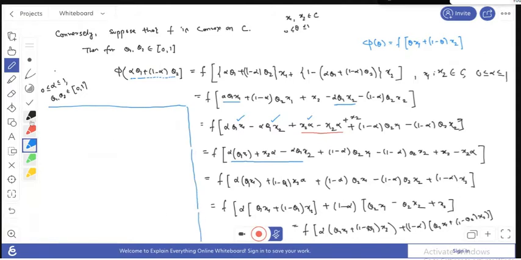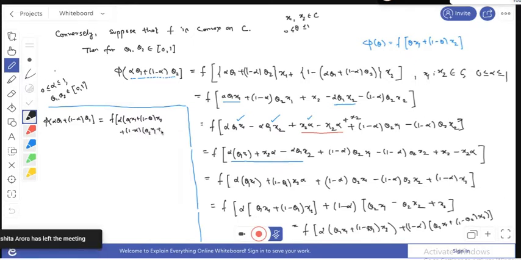Okay. So this means your value is phi of alpha theta 1 plus 1 minus alpha theta 2, and this is the same as f of alpha theta 1 x1 plus 1 minus theta 1 x2, plus 1 minus alpha, theta 2 x1 plus 1 minus theta 2 x2.